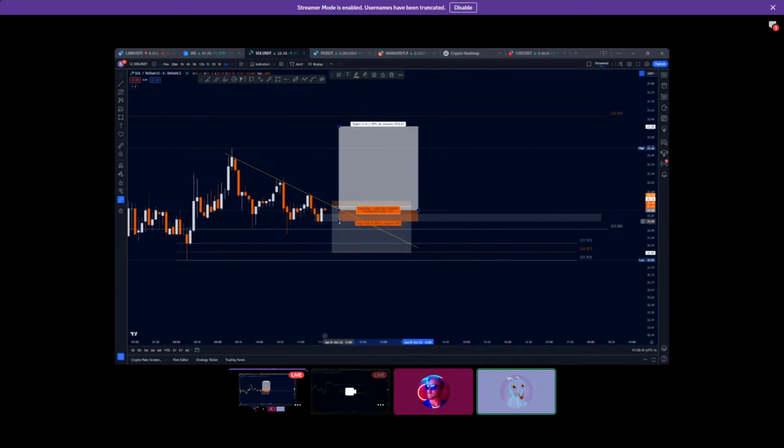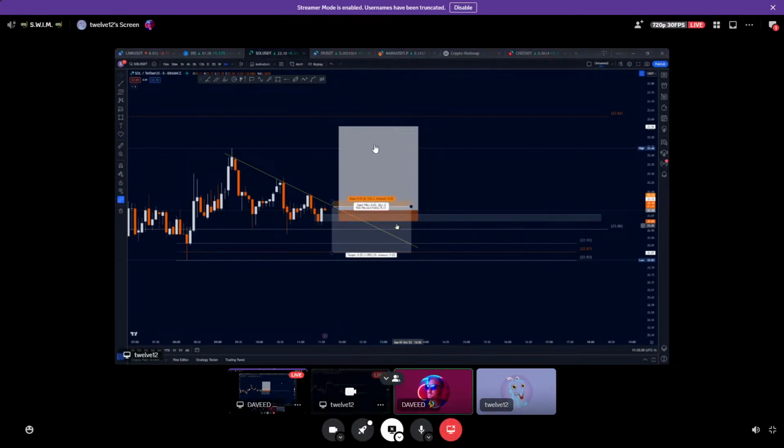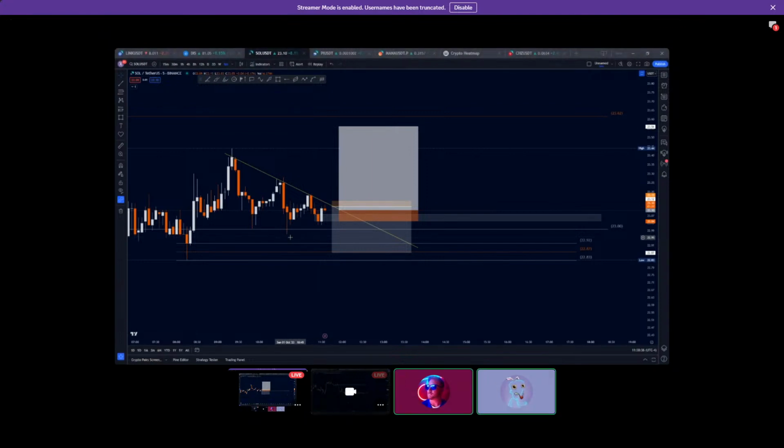Or you could just play this order block. Are those two candles here equal? Those wicks? Yeah, probably. Low 2302, low 2302. And this one, low 2302.